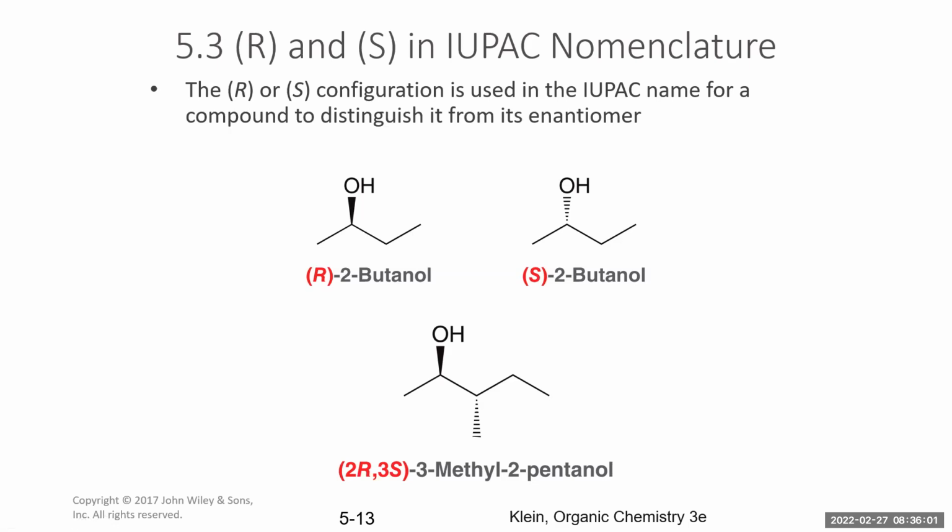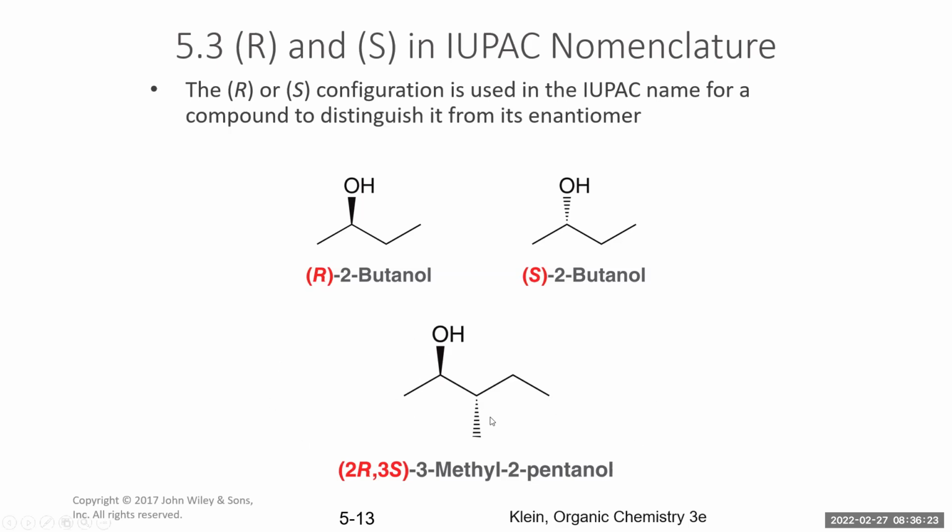But you could do this with alkanes, which you do know how to name, and make sure to include the R or the S in the name. And it goes in brackets in front of the entire name. So either R or S. It doesn't have to be in red. That's just to sort of highlight it for you.